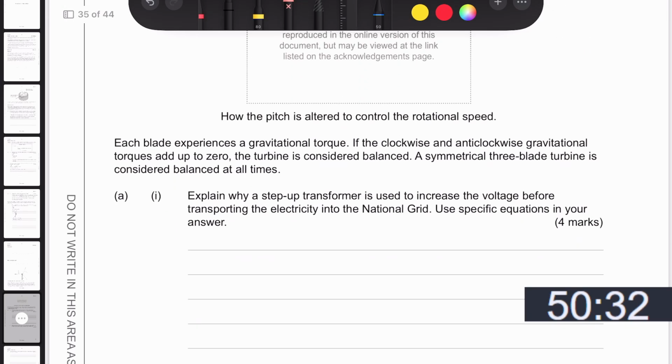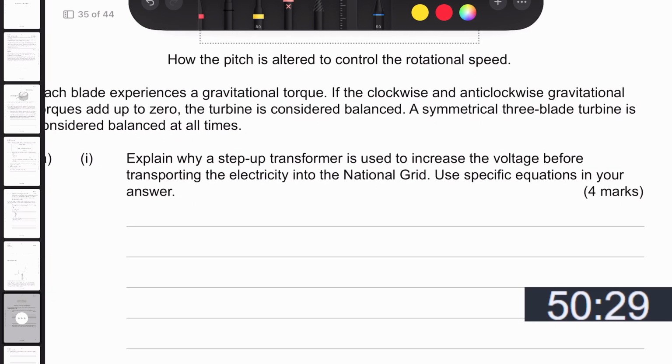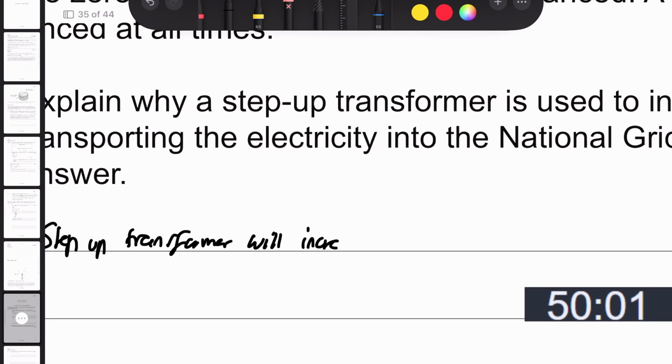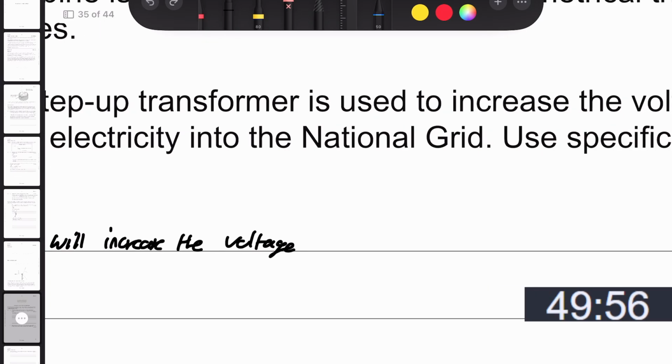Okay. So A1, explain why a step-up transformer is used to increase the voltage before transporting the electricity into the national grid. Use specific equations in your answer. So, a step-up transformer will increase the voltage.